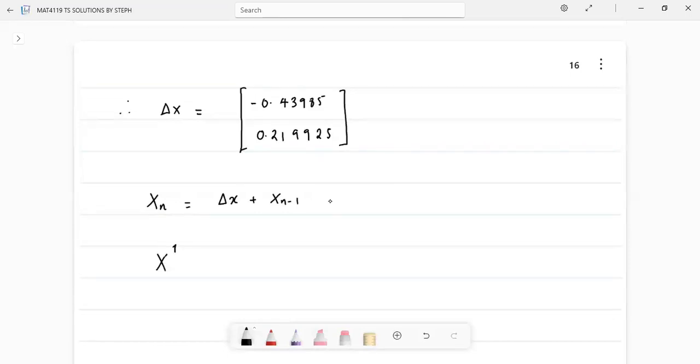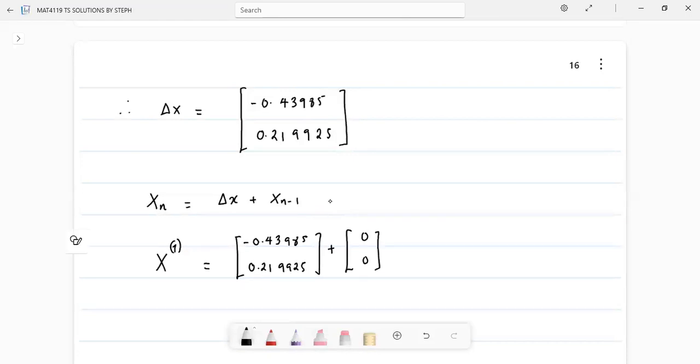So the first approximation will be equal to delta X, that matrix that's found, -0.43985 and 0.219925, plus our previous approximation, which is X of 0, that is 0, 0.